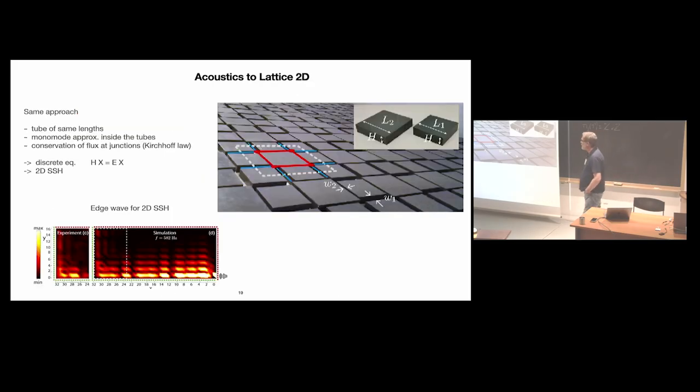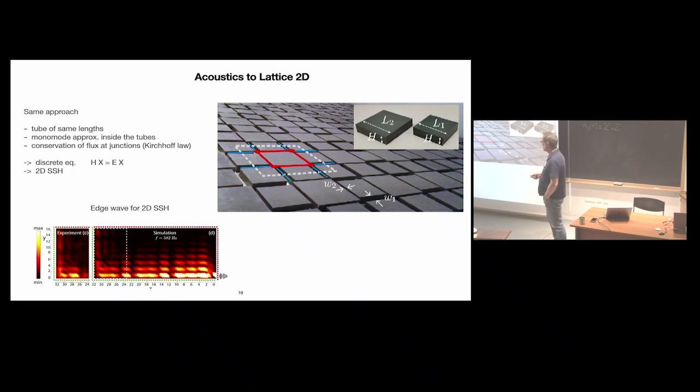Okay, so next it is possible to go to 2D, and I will not show 3D, but it would be possible as well. You just take tubes of equal length and you can do it. So the same approach: tubes of the same length everywhere, just one mode propagating, and then conservation of flux, so Kirchhoff's law at each junction.